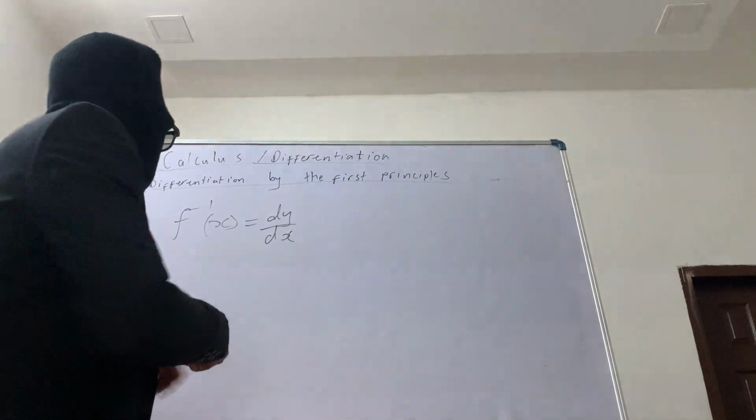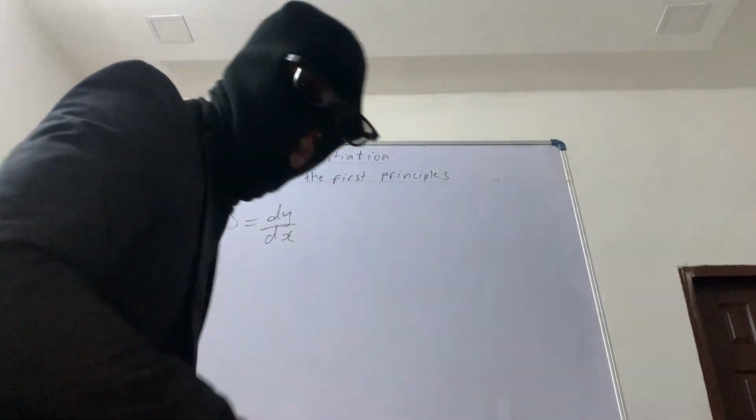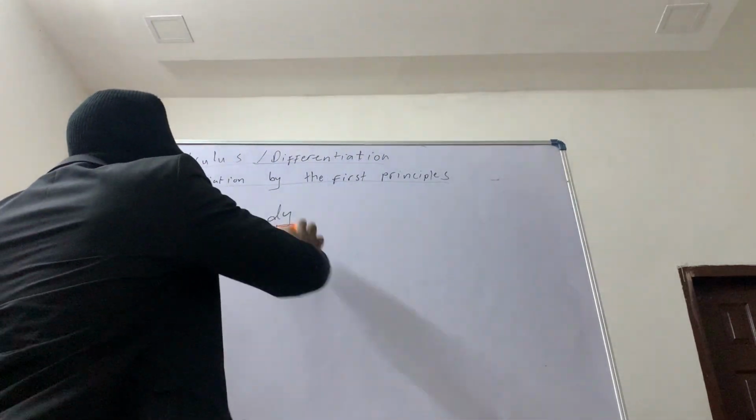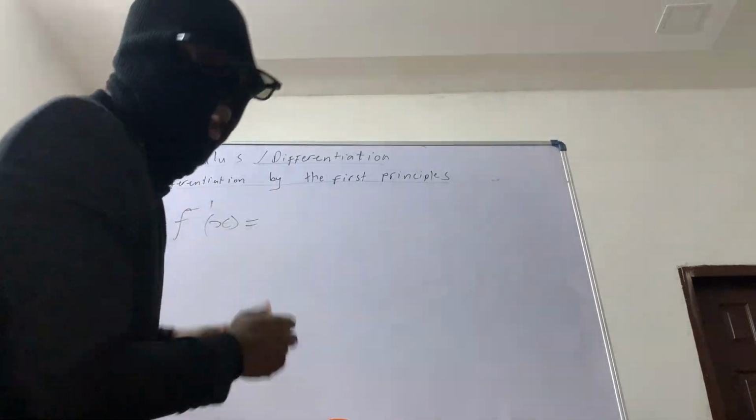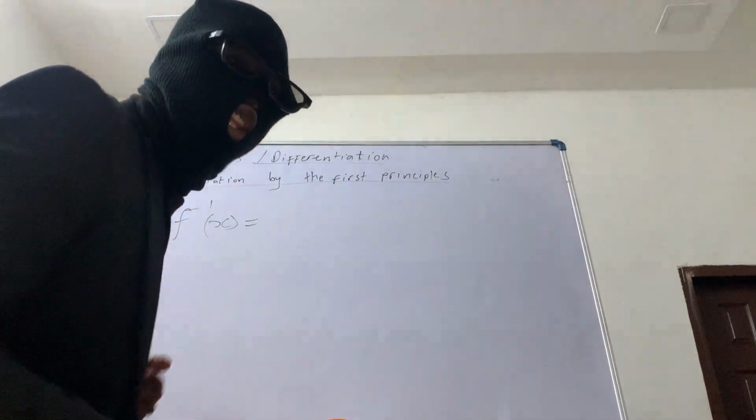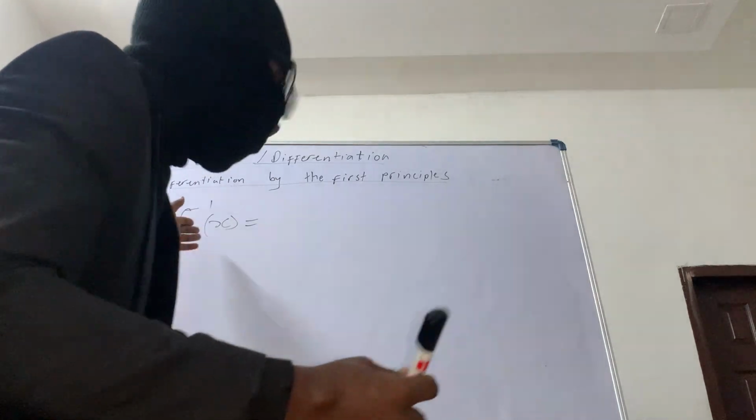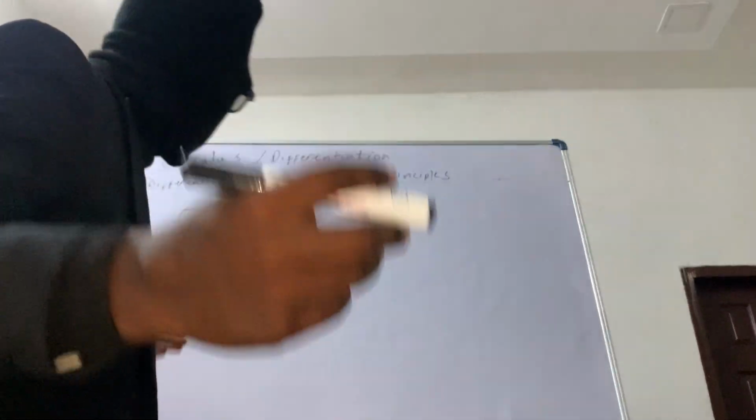This is the terminology that we use when we are talking about what? Differentiation. So f prime of x says that this is the first derivative of our function.